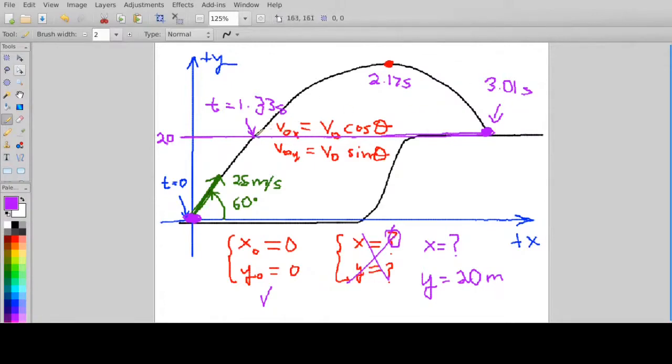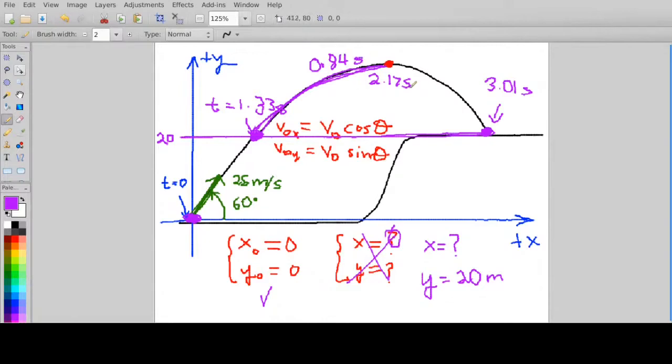In other words, the time it takes to go from the 20-meter mark on the way up to maximum height, I'm going to try to draw that in purple here, that time turns out to be 0.84 seconds. I'll show you how I got that in a second.